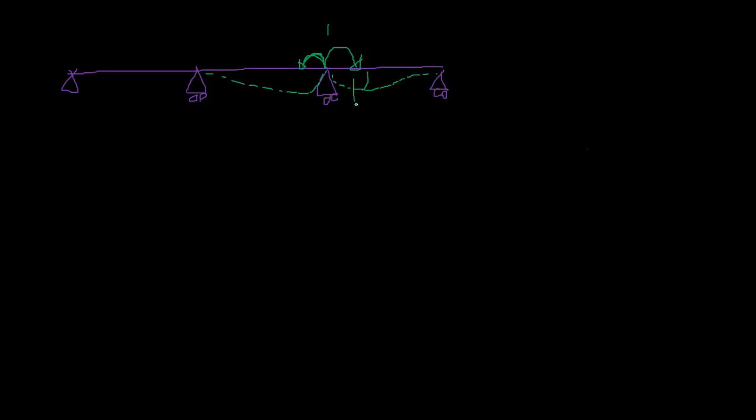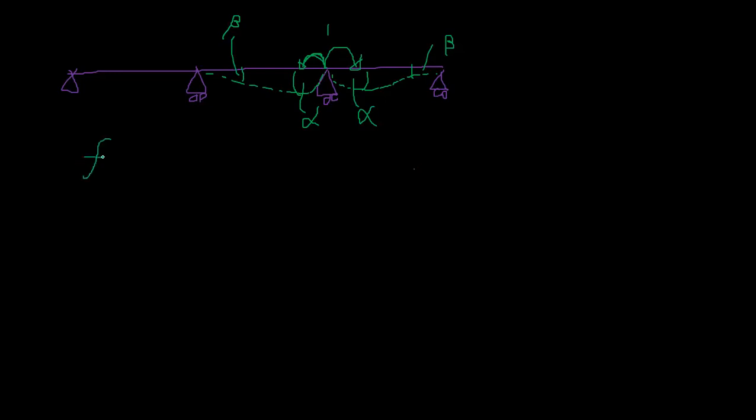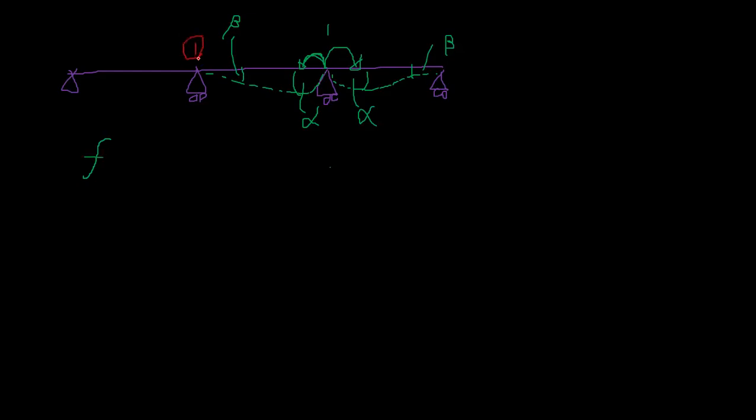This is alpha, this is alpha, this is beta, this is beta, right? So this is my first redundant coordinate, this is my second redundant coordinate.